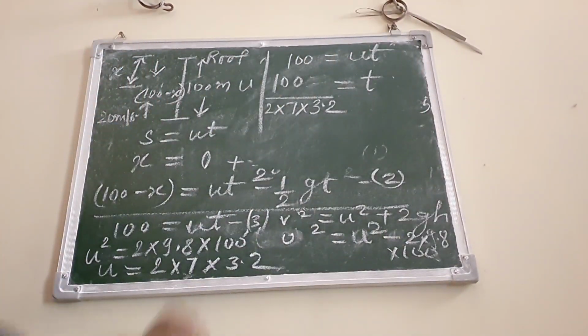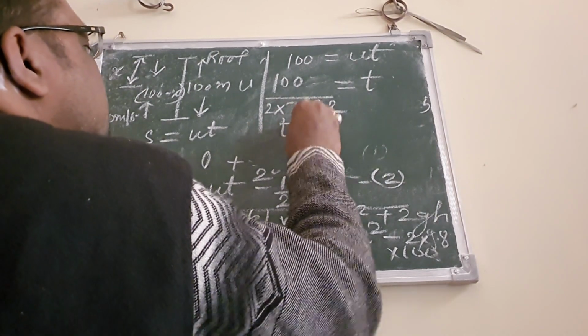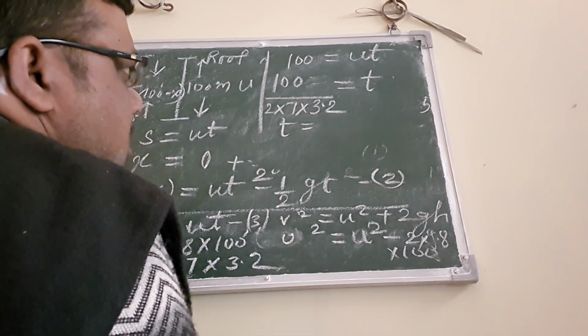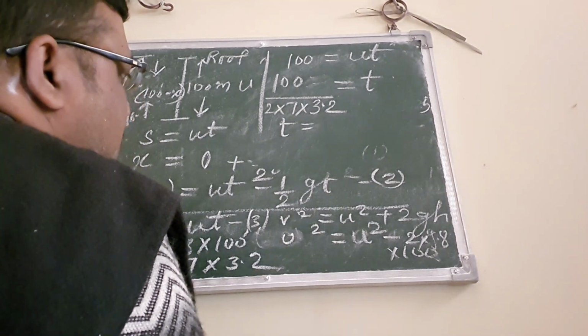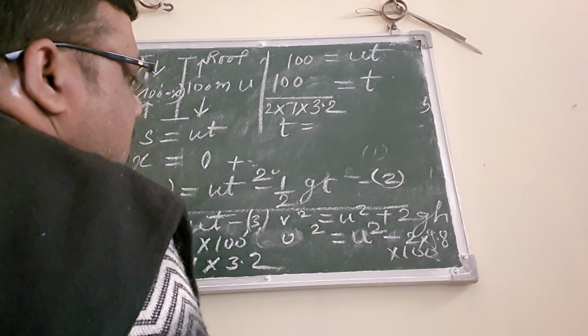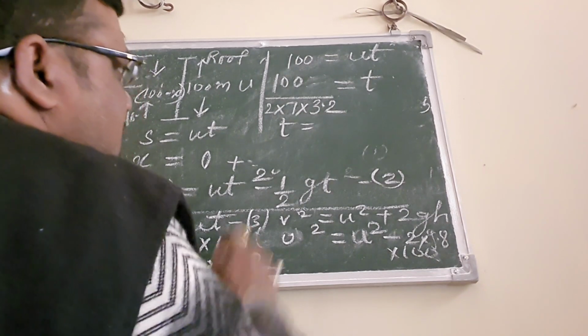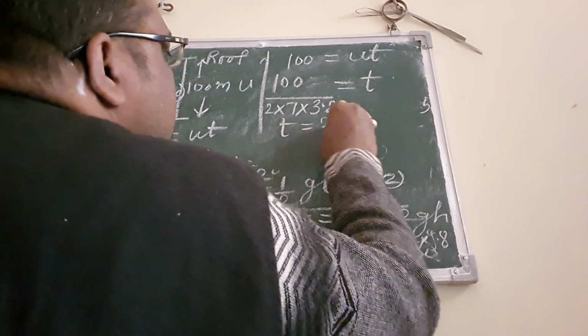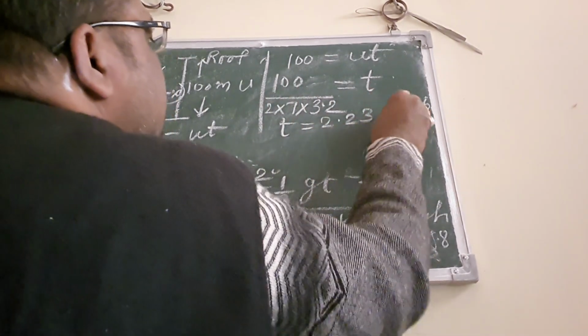T is the time that we have to calculate. Now we have to simplify this, so it is coming out to be 2.23 seconds.